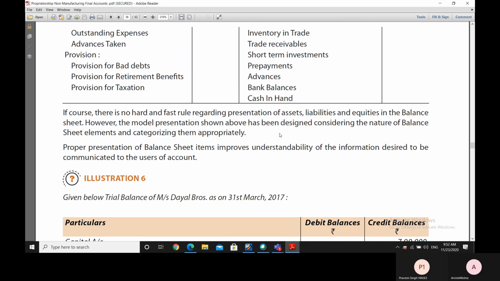However, if we present the balance sheet items properly, then it will improve the understandability of the information being entered into the balance sheet, and therefore it will help the users to understand that information which is communicated to them very easily.